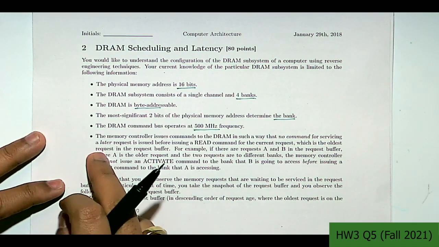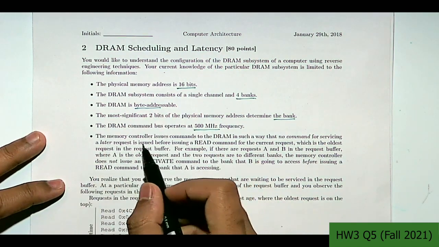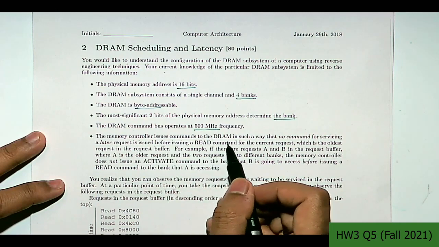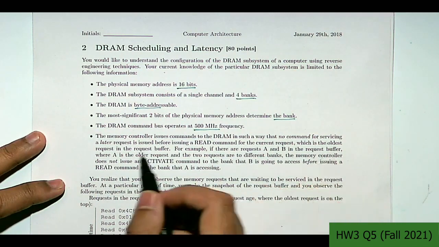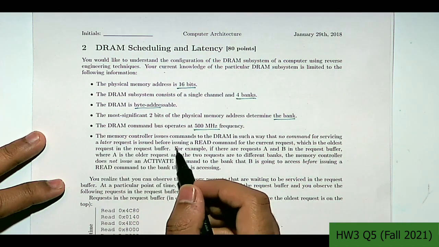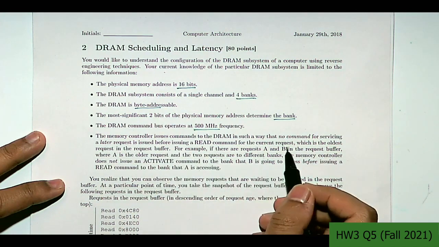This point basically says that the memory controller issues commands to the DRAM in such a way that no command for servicing a later request is issued before issuing a read command for the current request.